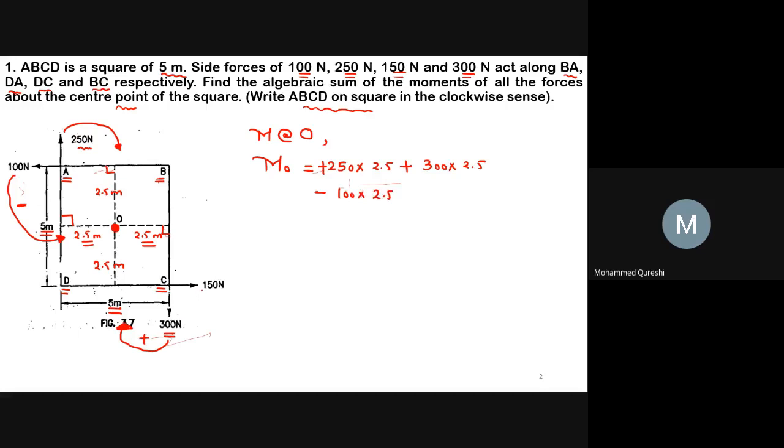Now the fourth force is 150 Newton and it acts towards point O in this direction. So the perpendicular distance is nothing but 2.5 meter.